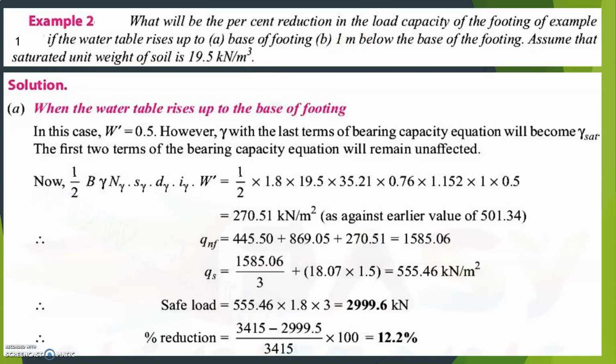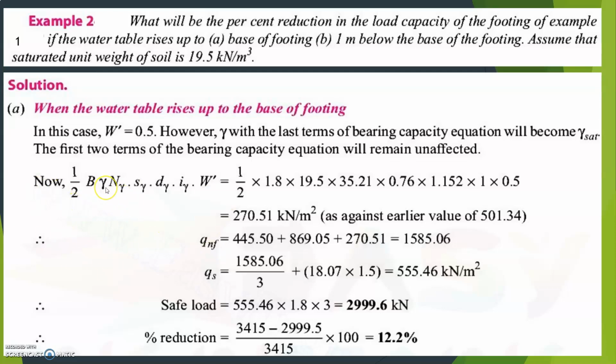And B and D values, everything. See, one thing you can do: there are three terms in the IS code equation. The first two terms, there is no change in the value, it remains the same. Only there will be a change in the last term, that is the wedge term. Why?